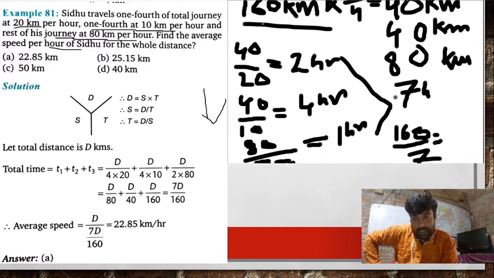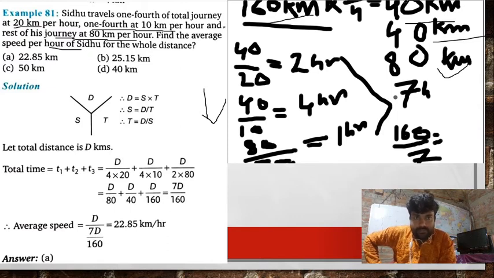One fourth of that is 40 kilometers, and the second time also 40 kilometers. 40 and 40 make 80, and the rest from 160 is 80 kilometers. Now we find the time. We need the average speed, so we find the total distance and total time.